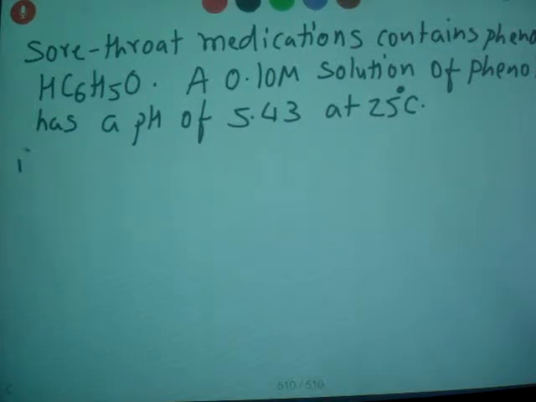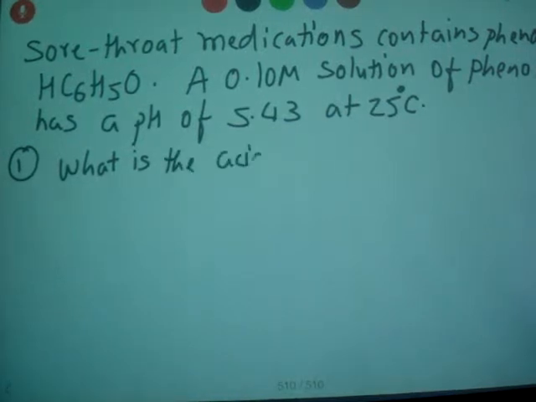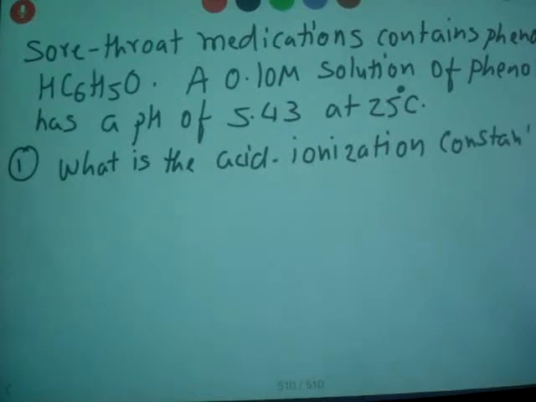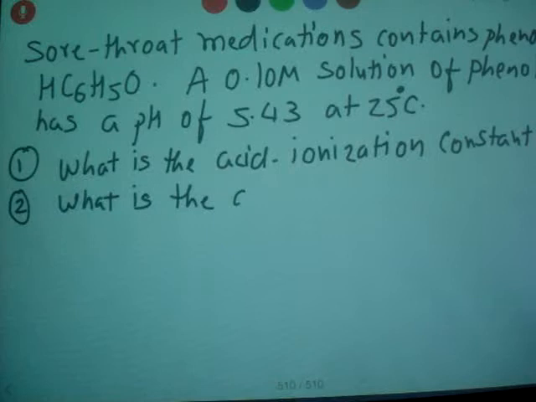Now, we need to calculate what is the acid ionization constant Ka of this phenol at 25 degrees Celsius, and we need to find out what is the degree of ionization.